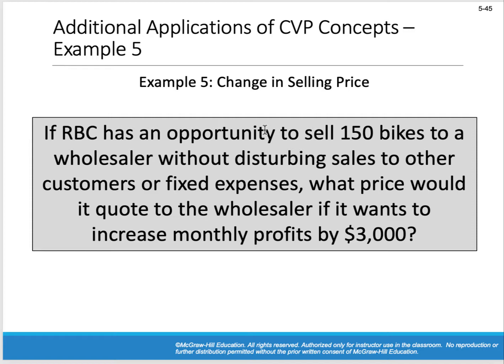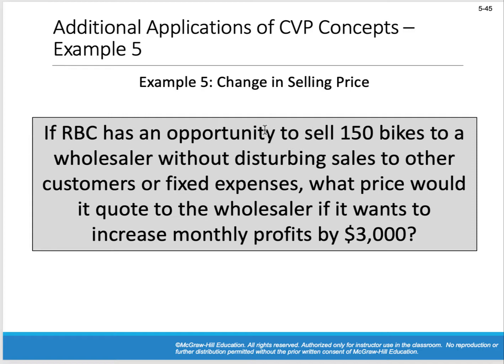The answer here is no, we don't. In other words, in production terms, we're saying that for the 500 bikes that we have, we are not at capacity, meaning we can produce more bikes without disturbing our current business.